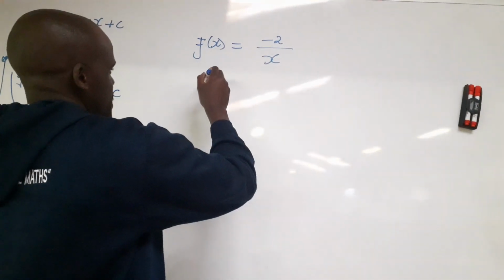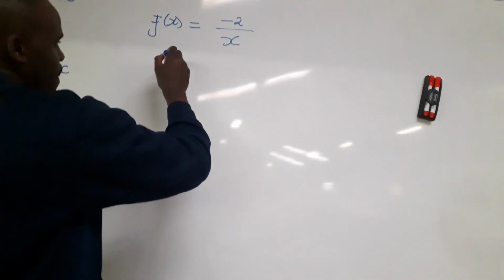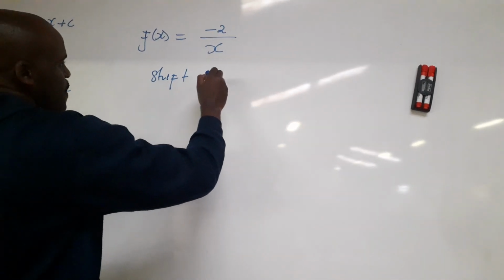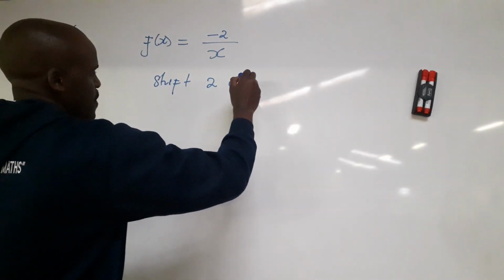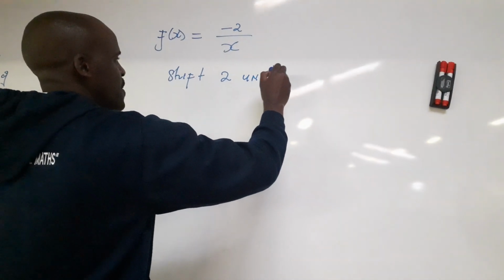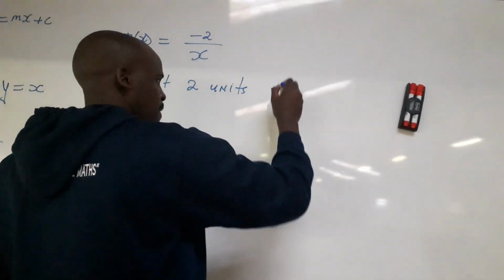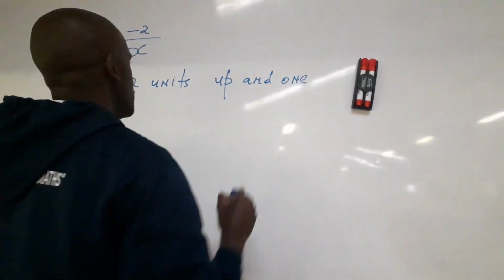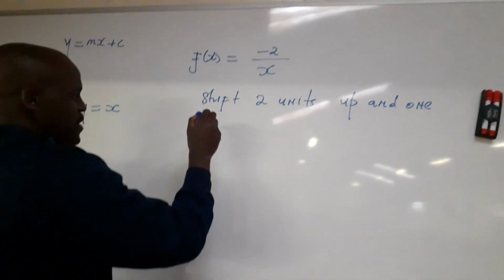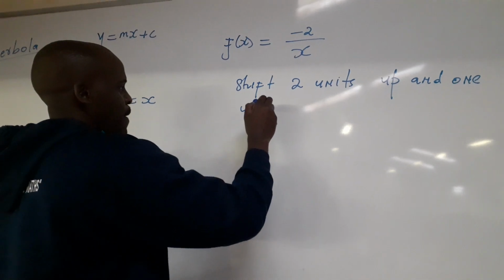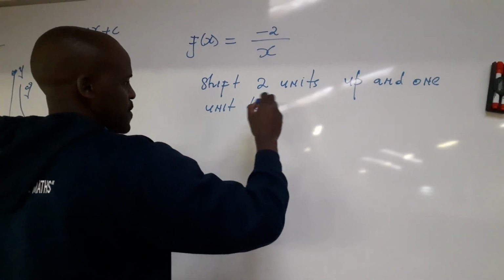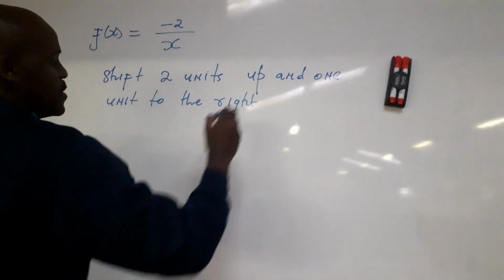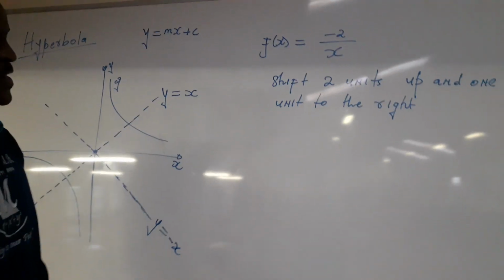We want to shift it 2 units up and 1 unit to the right. It's 2 units up, 1 unit to the right.